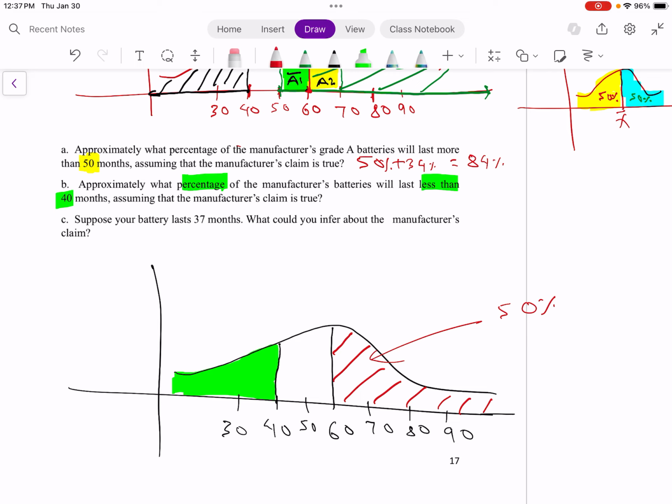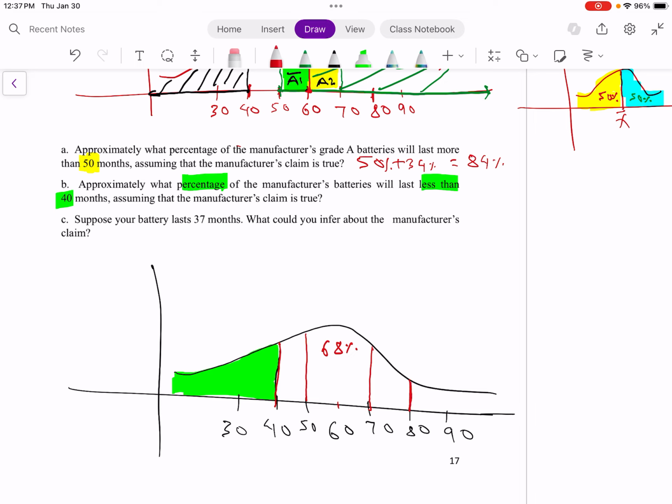Now, is there any way we could find what percentage is in here? Let me erase this one. According to the empirical rule, we know this region is 68%, right? And what percentage do we find in between 40 and 80?